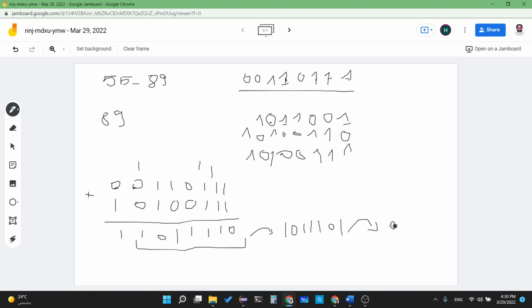So we get 0, 1, 0, 0, 0, 1, 0. Okay, so how much is this? We don't forget that this is a negative number, so this is 32 plus 2. This is 34. So this is of course minus 34. So that's correct.